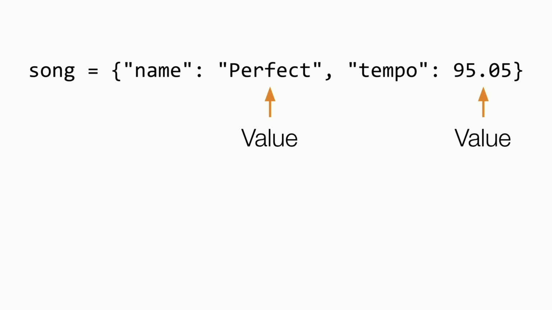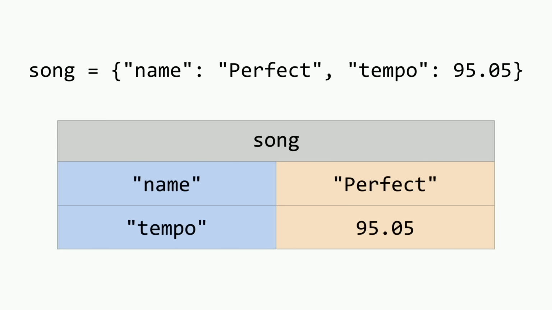For this song example, we have a dictionary called song, and it has the key name associated with a string called perfect, and then the key tempo associated with 95.05. You can kind of visualize it like this, where we have our keys on the left associated with the values we have on the right.